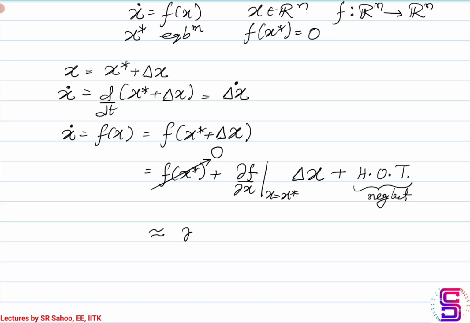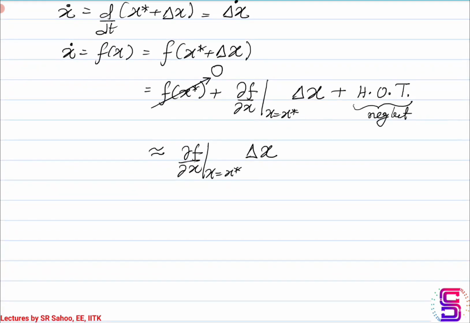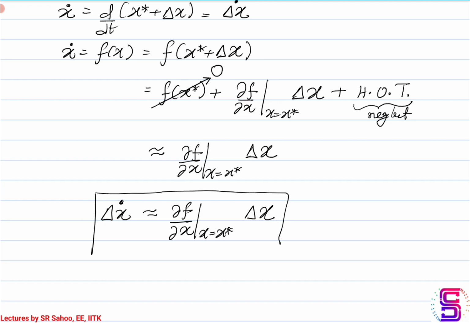So x dot is approximately del f by del x evaluated at x equal to x star times delta x. And what is x dot? It is basically the change in the perturbation itself. So we can say that the perturbation dynamics delta x dot is approximately this. This is how things will evolve.